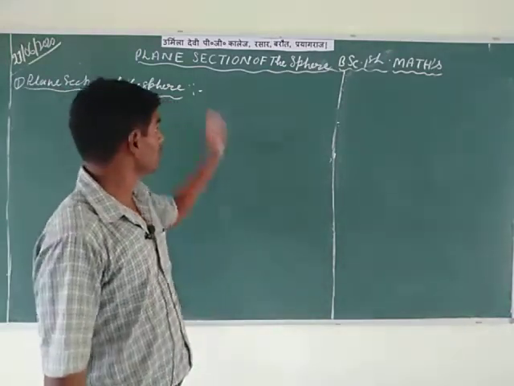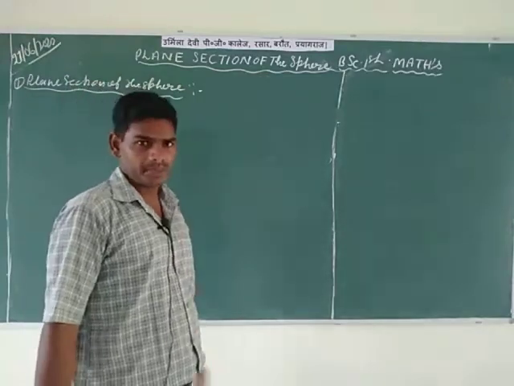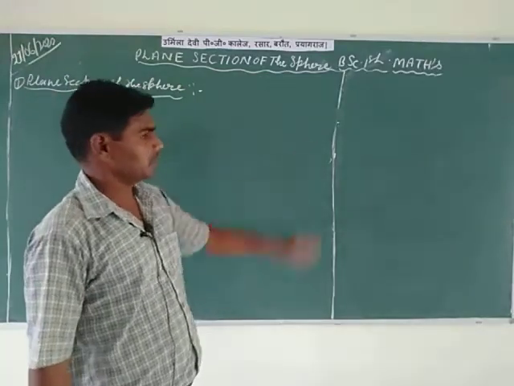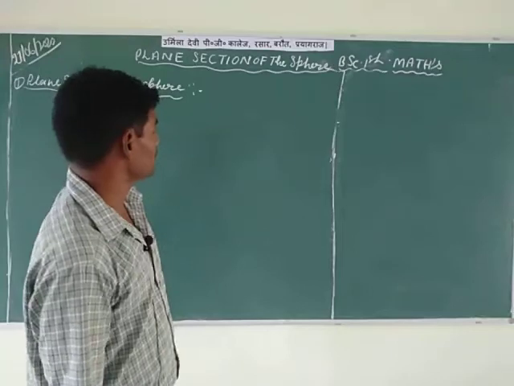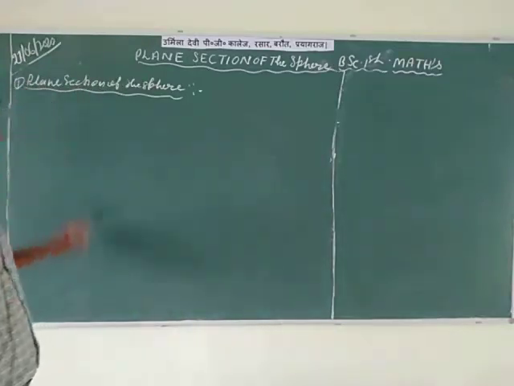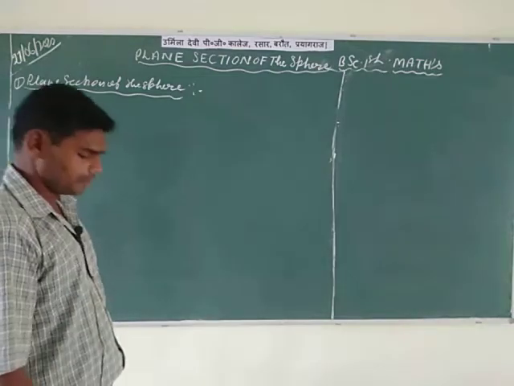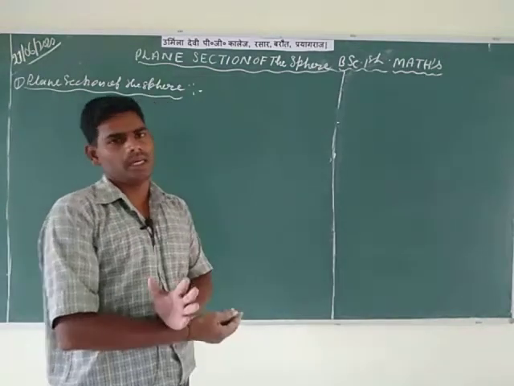Today we discuss the plane section of the sphere article, which belongs to the geometry chapter. In this article we consider what will happen if a sphere is cut by a plane.